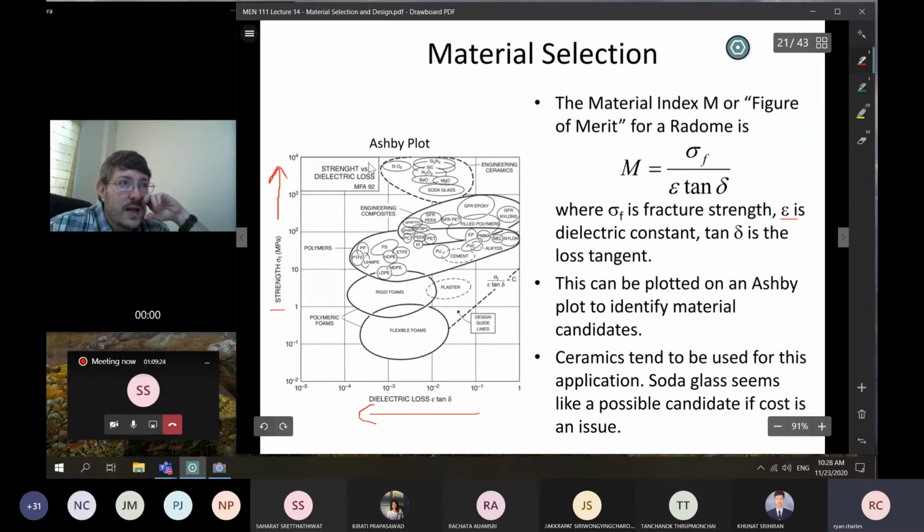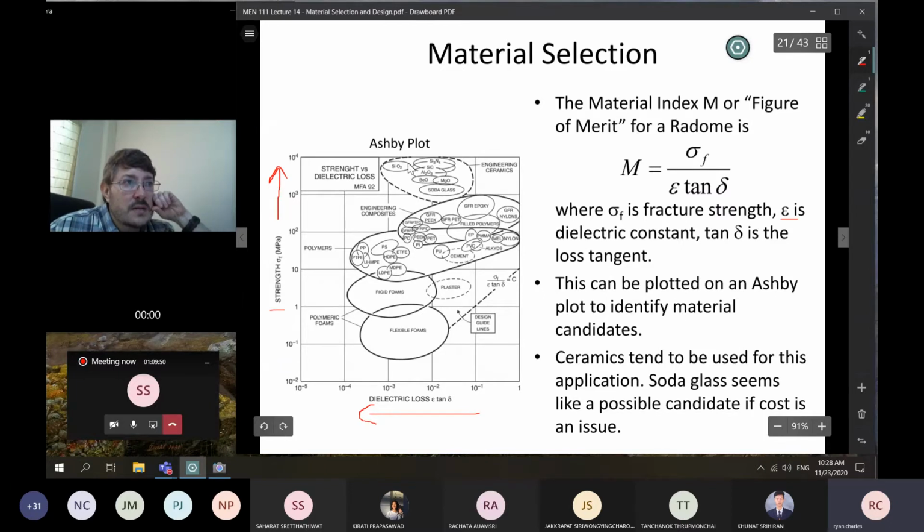You see engineered ceramics, right? You don't see metals pop up on here because metals are not going to be transparent to these frequencies, to these wavelengths. They're not transparent, they're reflective. So this only has sensible materials which might work. It doesn't have ones which are going to be impossible, like a lot of metals. So you see engineered ceramics, right?